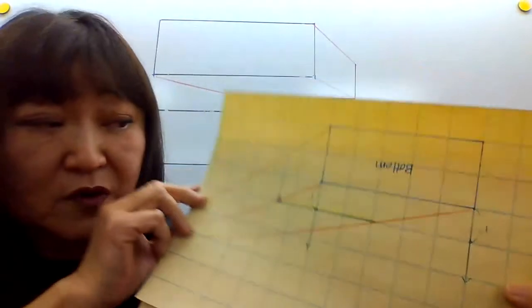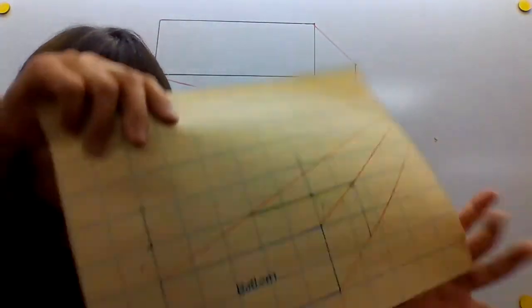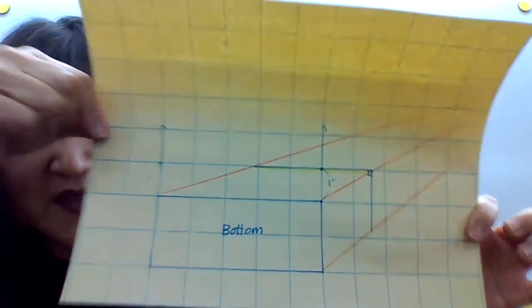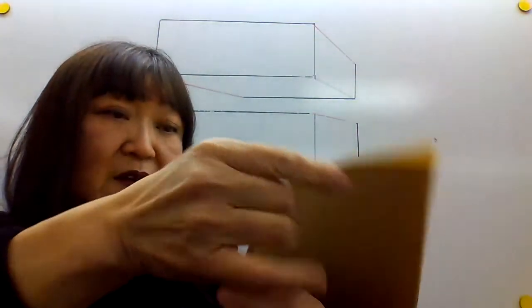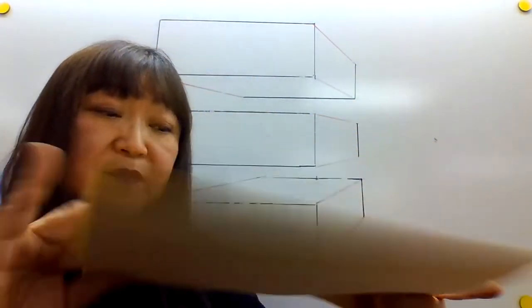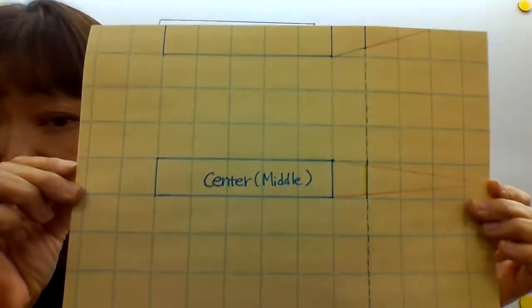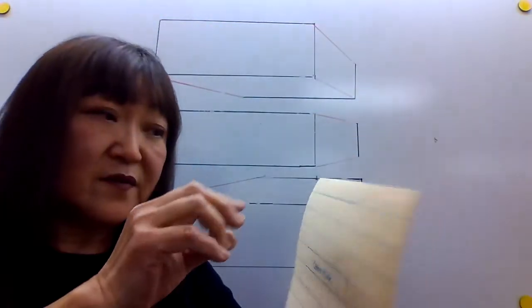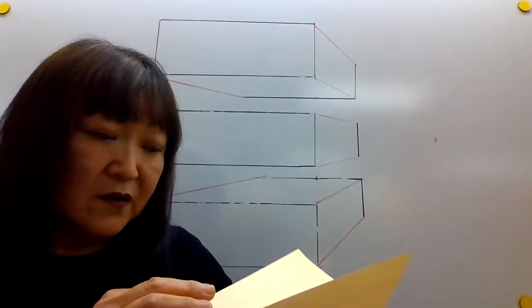Here's a chart for the bottom box. Okay, and then lastly, the easiest one, the center box.